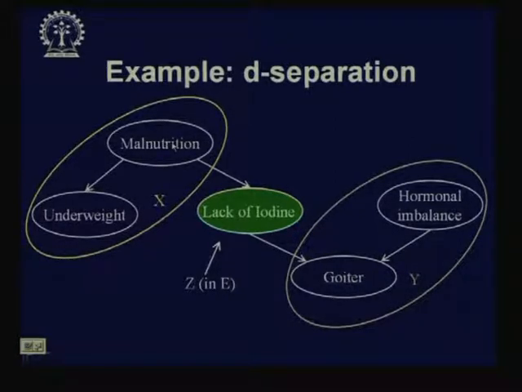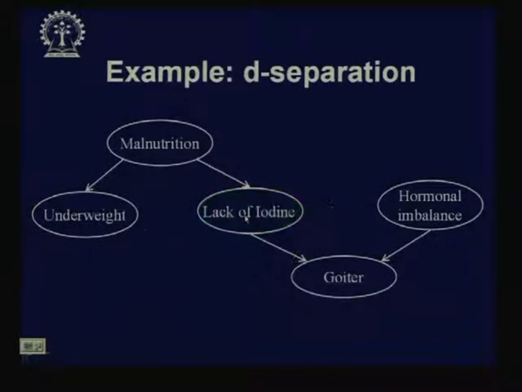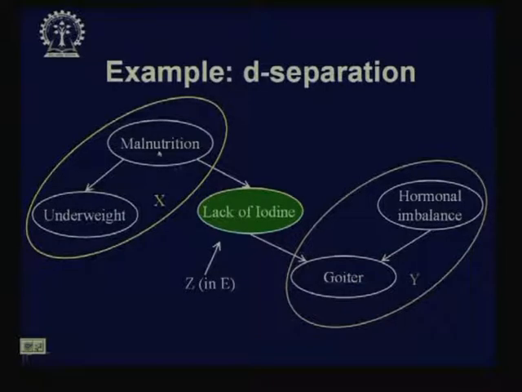I need not look into malnutrition. But unless I know this, I could have tried with goiter, whether he has got malnutrition, and from there I would have started to reason. So I would have needed more conditional probabilities to be computed, but in this case I can simply separate out the two sets of nodes x and y, which are d-separated by this node, lack of iodine.